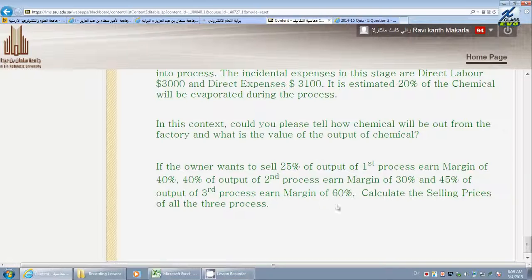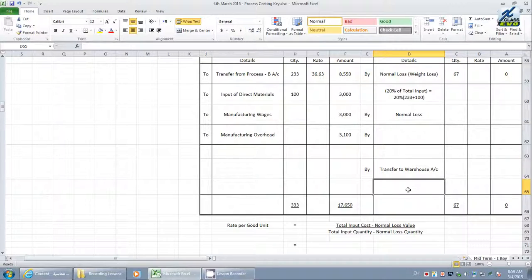Okay, let's see here, the margin they say very clearly is 60%. Therefore there is no next process. What do I have to take here? 100%. 100% of finished goods output must be transferred.